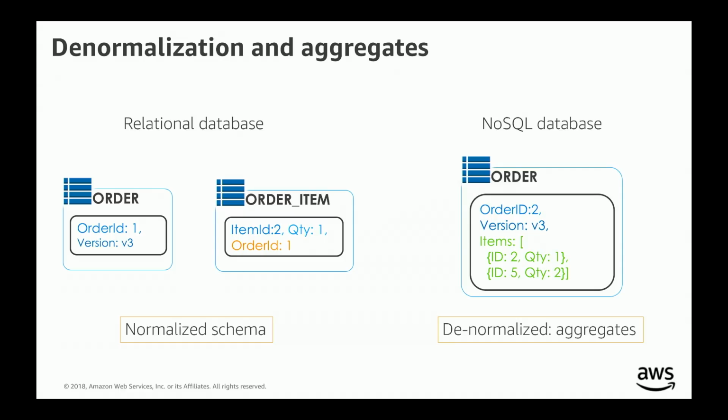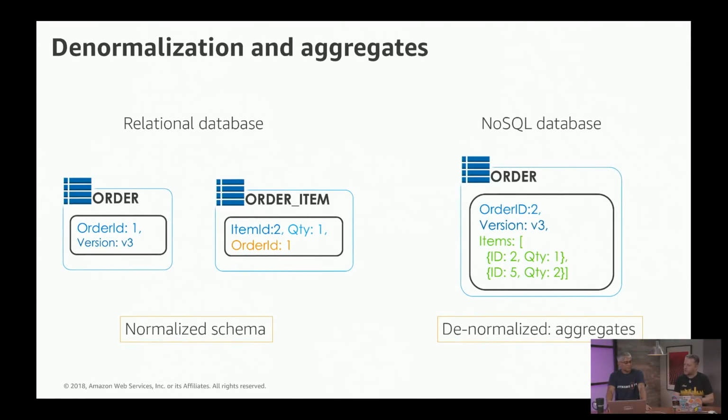Yeah. Because if we shard by partition key and we use that to store our aggregates, we always make sure that our aggregate is always together. That object, whether it's an order object, session object, shopping cart object, is stored together.